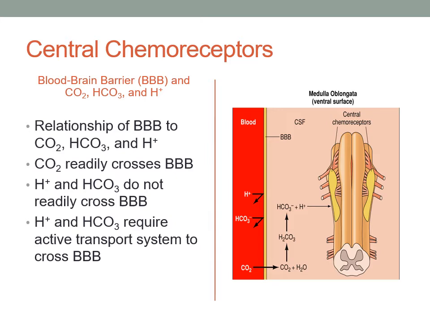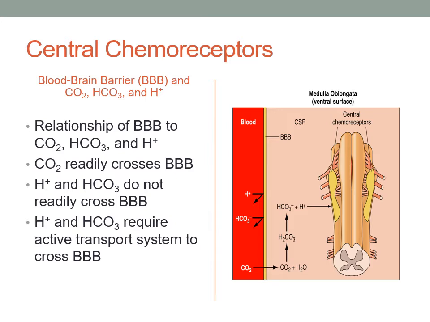When there is an excess concentration of hydrogen ions, H+, in the cerebrospinal fluid, the central chemoreceptors, which are located bilaterally and ventrally in the substance of the medulla, are responsible for monitoring the hydrogen ion concentration. In fact, a portion of the central chemoreceptors is actually in direct contact with cerebrospinal fluid.